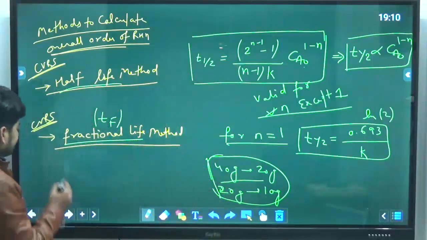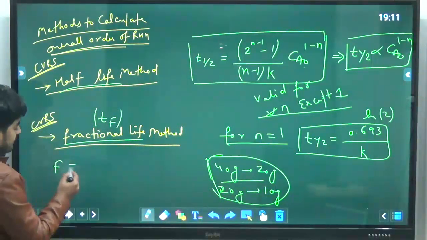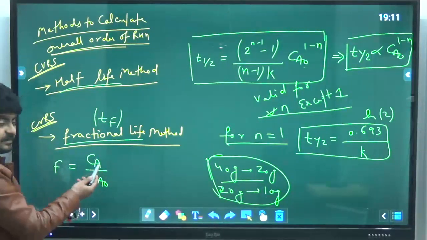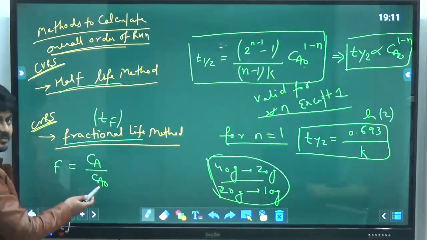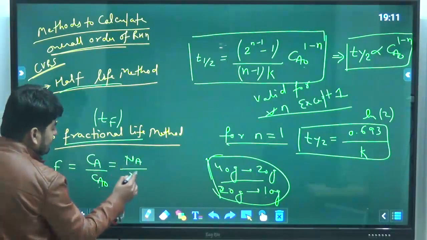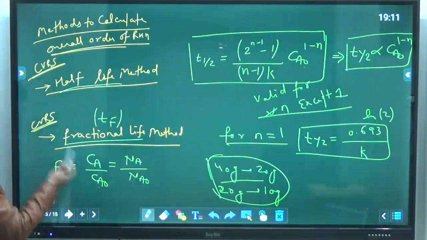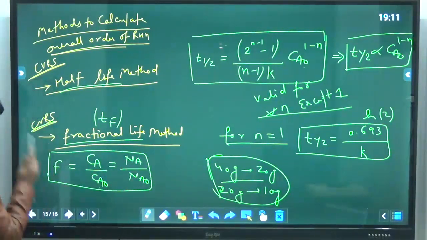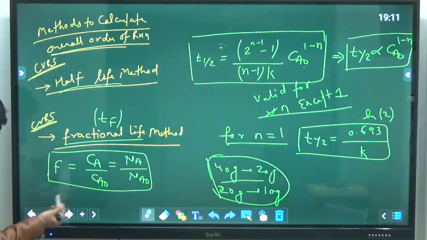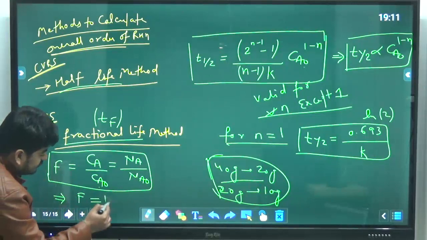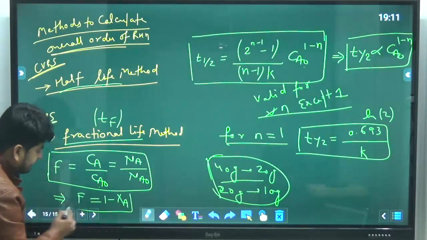Desired fraction means F equals Ca over Ca naught, where Ca is the remaining amount and Ca naught the initial amount. Or you can say Na upon Na naught. The meaning is the same, since it is applicable only for CVRS. So F means the remaining fraction. Since F is the remaining fraction, it is obvious that F will be equal to 1 minus Xa.